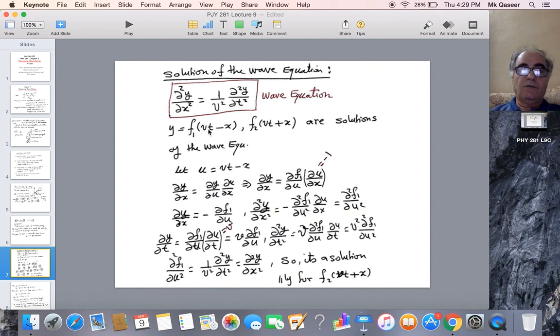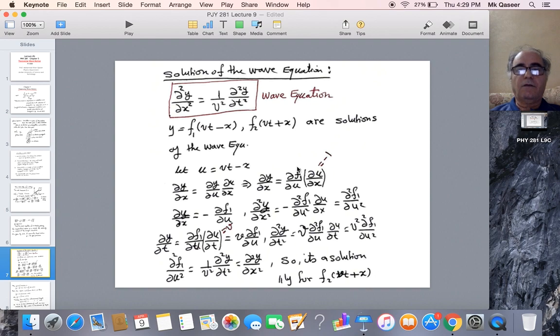Now, if this is a solution, it must satisfy this equation. Let's assume that vt minus x is u. To find dy by dx, it's dy by du times du by dx, which is df1 by du times du by dx, and du by dx is minus 1.